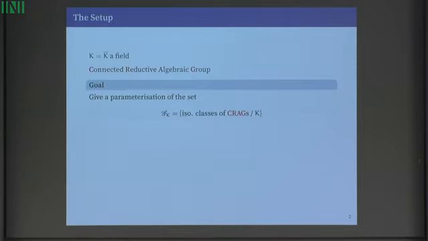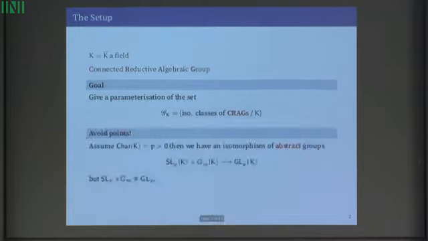Okay, so we have to be a little bit wary here. When I talk about a connected reductive algebraic group, there are two ways you can think about this. You can think about it in terms of an algebraic variety, so you have to be wary about thinking about points. We want to avoid really thinking about points in the field. If you're in positive characteristic, then you can have abstract group isomorphisms.